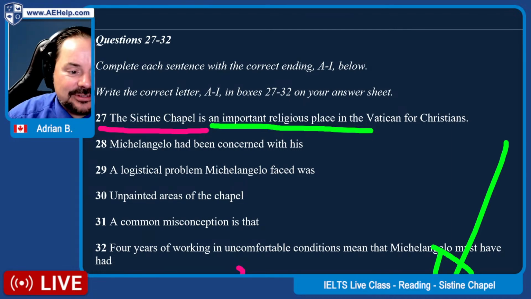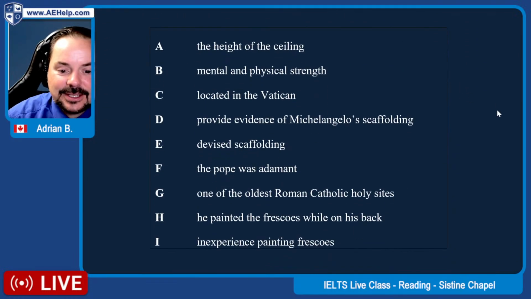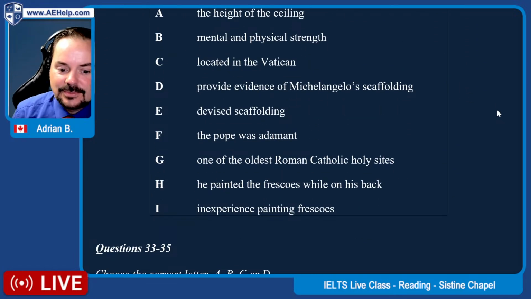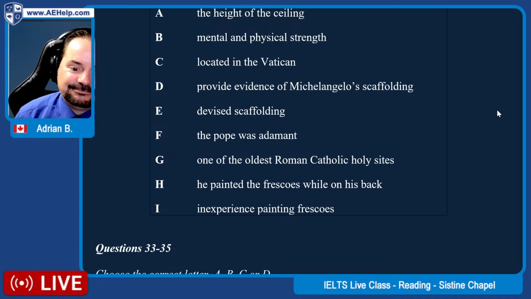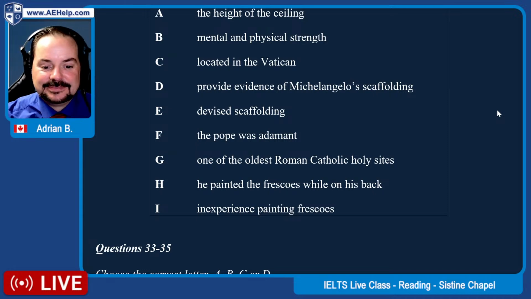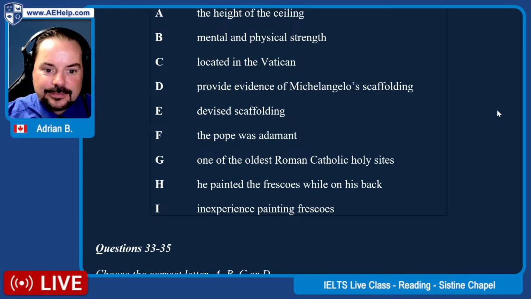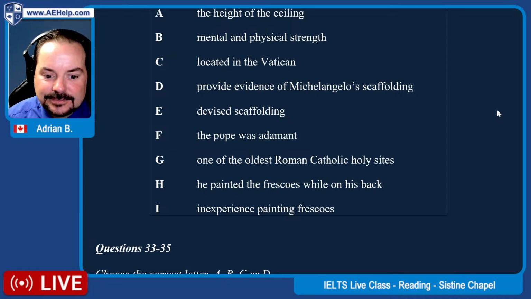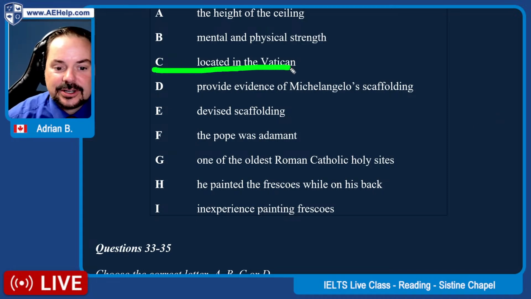Now I'm going to try to see if I can find something that's at least similar to that. Have a look. Which one do you think is close to that, or at least has some of that information? Maybe C or G. Okay, so according to what we just said, it's either C or G. Did I say it's one of the oldest?